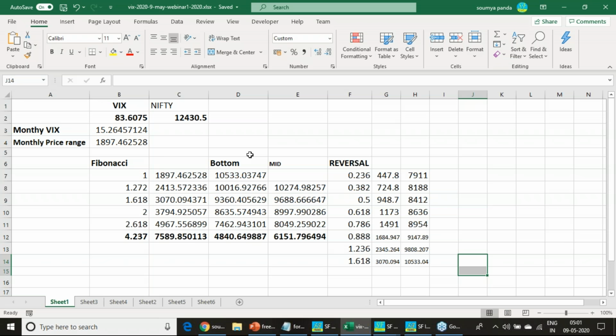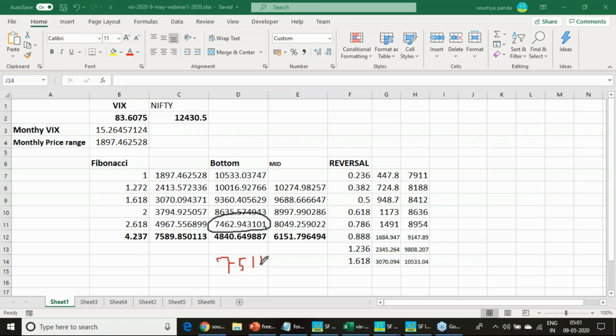That was on the March Sunday. We calculated the bottoms and the midpoint of the bottoms. This is one of our bottoms from where the market started reversing, just a couple of points above it, at 7511.